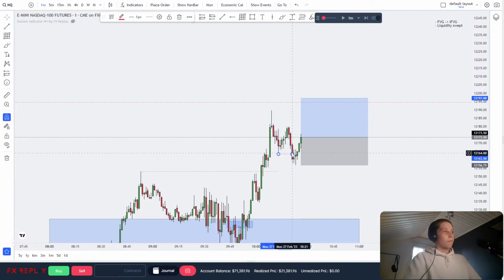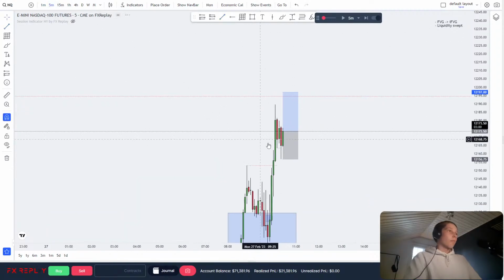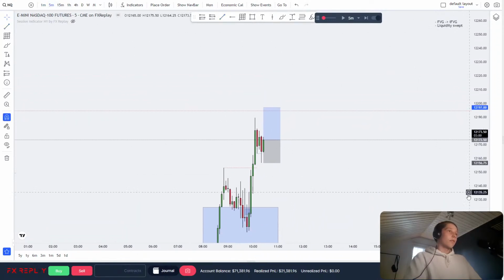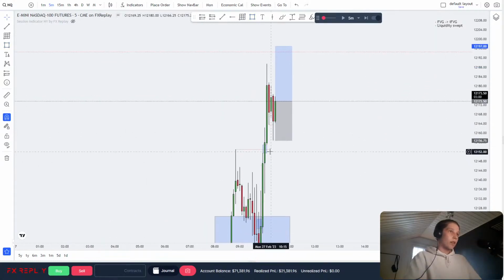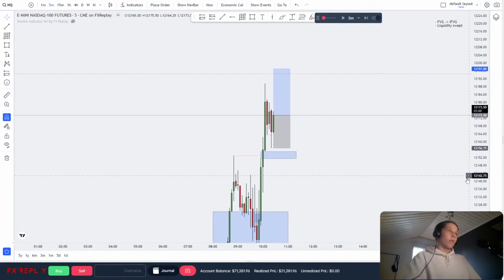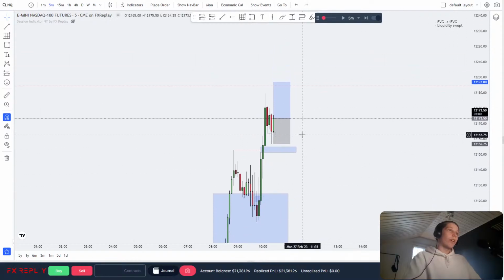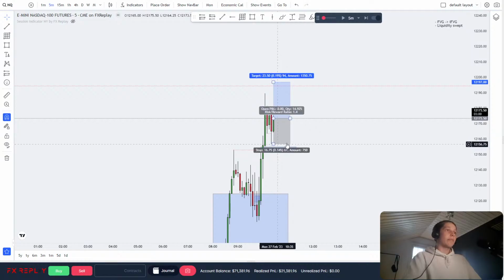And what are the areas the market would visit before moving back to the upside? So there's a small fair value gap here that could get tapped, but we're already rejecting away from here. We could have tapped that if we wanted to.